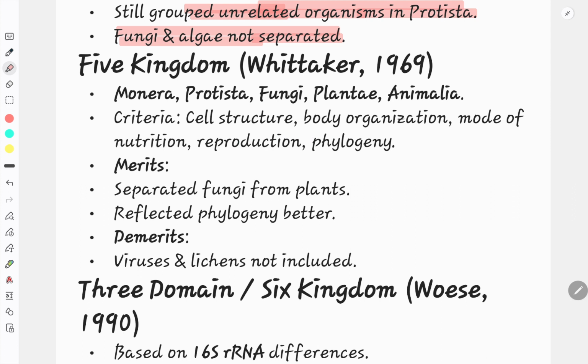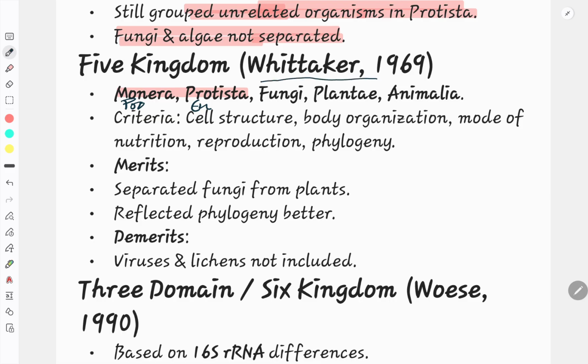Just to get a brief, these two are unicellular, and this is prokaryote, this one is eukaryote. Okay, and these three are multicellular except yeast in fungi.